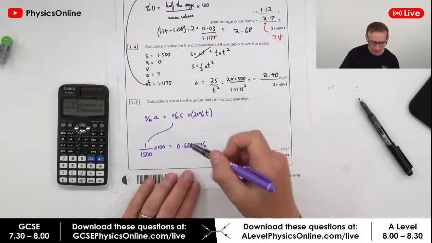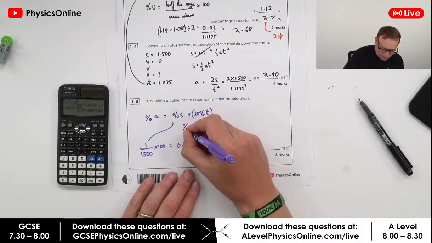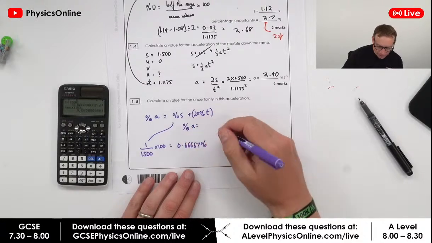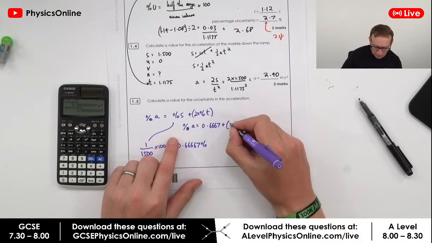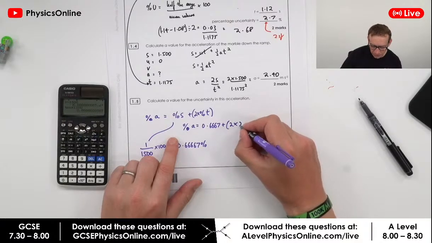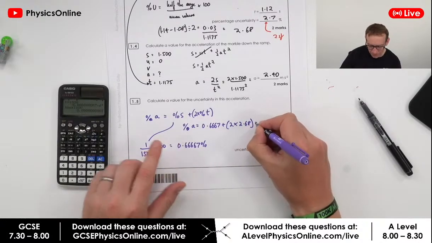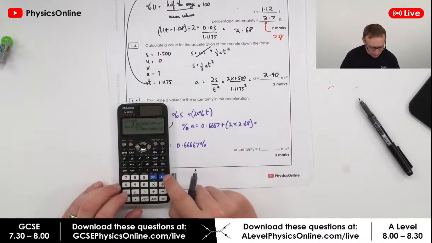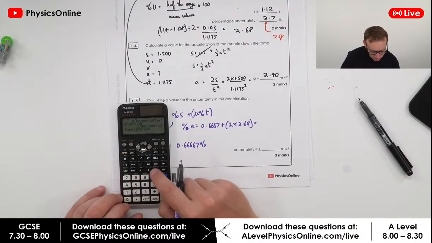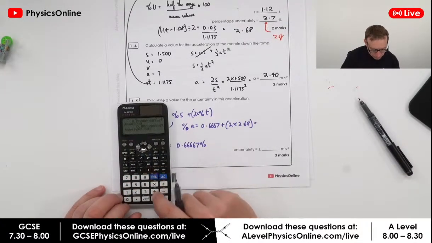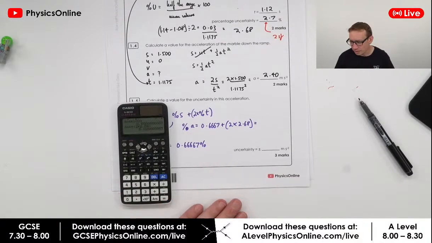So to work out the percentage uncertainty in a, it's going to be equal to 0.6667 plus 2 times 2.68. And when we do that, that's equal to about 6.02, I think, if that's right.